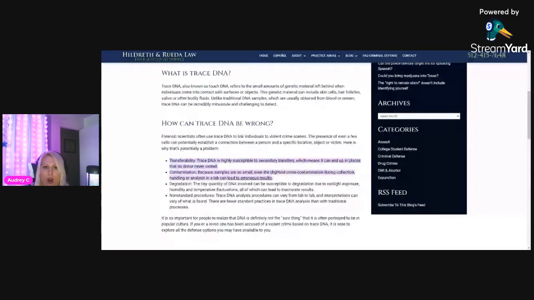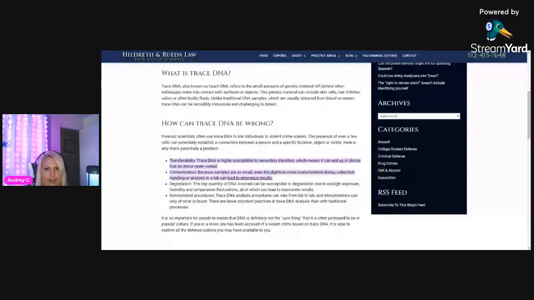Forensic scientists often use trace DNA to link individuals to violent crime scenes. The presence of even a few cells can potentially establish a connection between a person and a specific location, object, or victim. Here is why that's potentially a problem. Transferability.